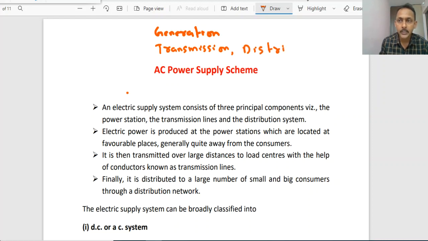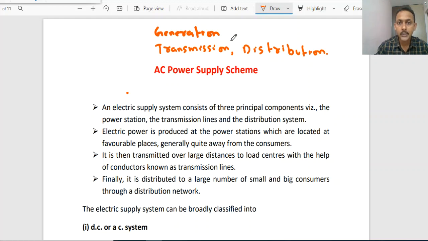How the power is to be generated, how the power is to be transmitted, and how it is to be distributed to the consumer or to the customers. So these are the three major components with respect to the entire power system, dear students.